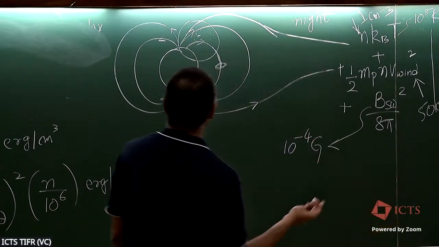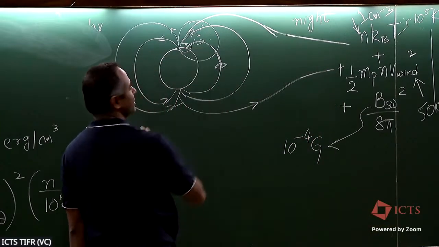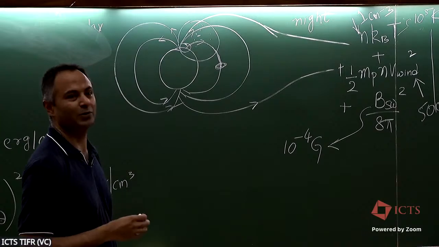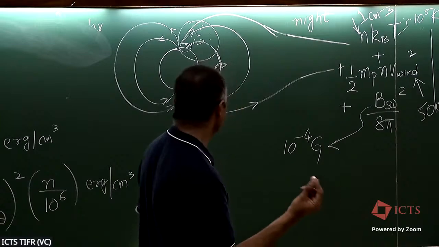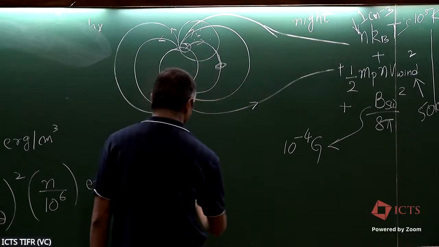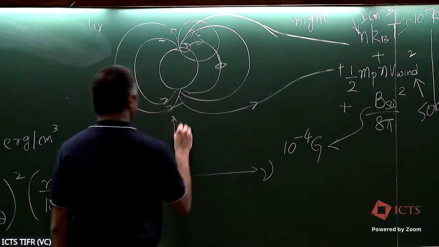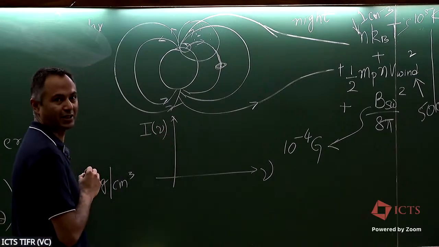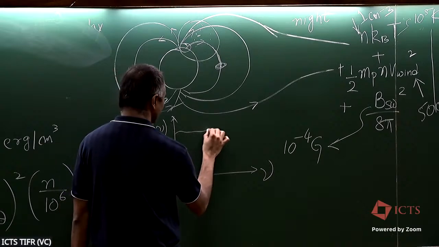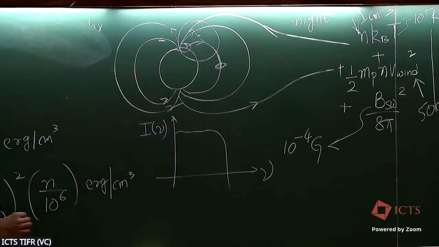But the emission frequency can never exceed the surface magnetic field because you can't get emission from under the surface of the planet. So if you look at the spectrum of the cyclotron maser, intensity as a function of frequency, you get some kind of sudden cutoff in the cyclotron maser spectrum.